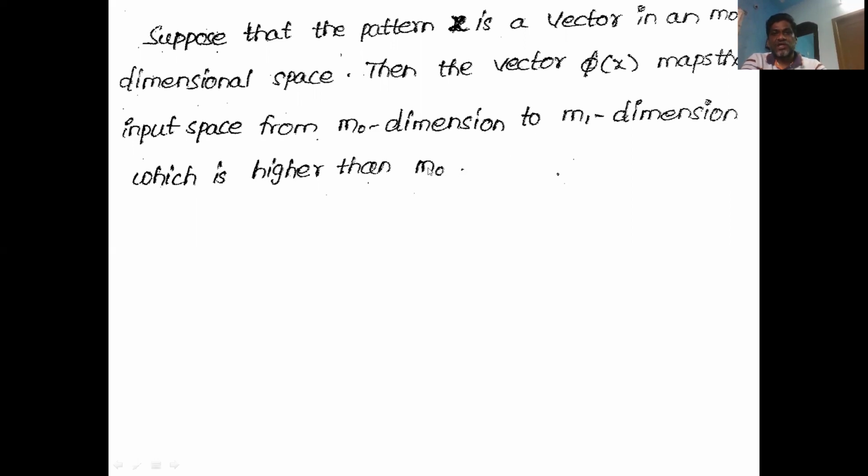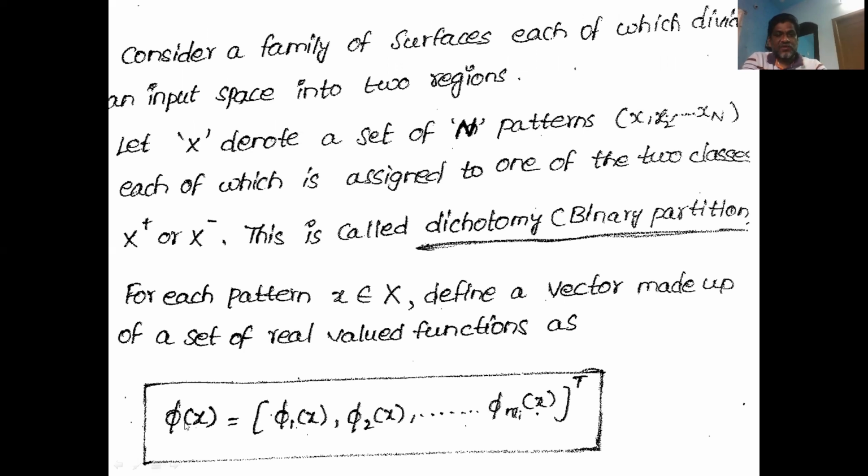What we are doing is converting the input space from a low dimensional space, M0, into a high dimensional space, M1, with the help of the vector we defined here, phi of x equals phi1 of x, phi2 of x, and so on, phi n of x.